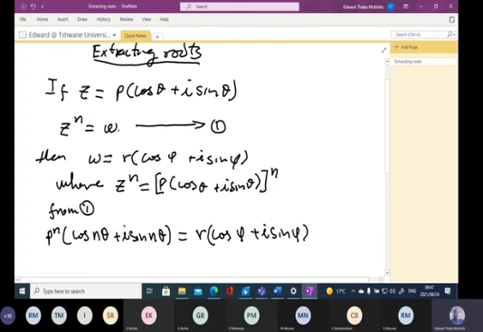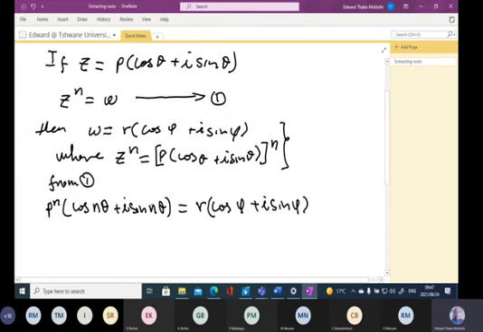So this is the same equation that we have there, we just have written it using what we have explained here, still that equation on top, and also using De Moivre's theorem. Now, what do we deduce from this? We can see that R is equivalent to P to the power N, and that N theta is equivalent to phi.